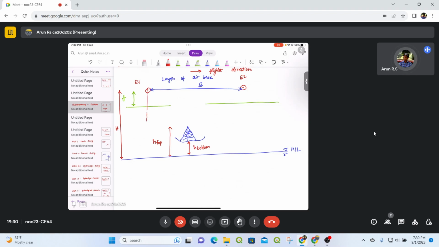This is your first principal plane, second principal plane. Now, from the first exposure, it will capture the top of the tower. So let's say it has captured.